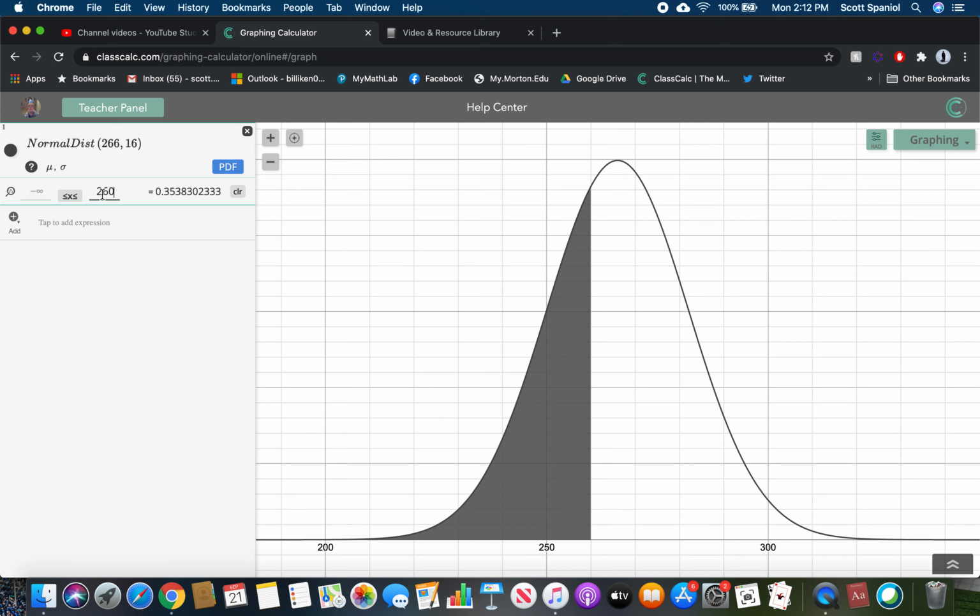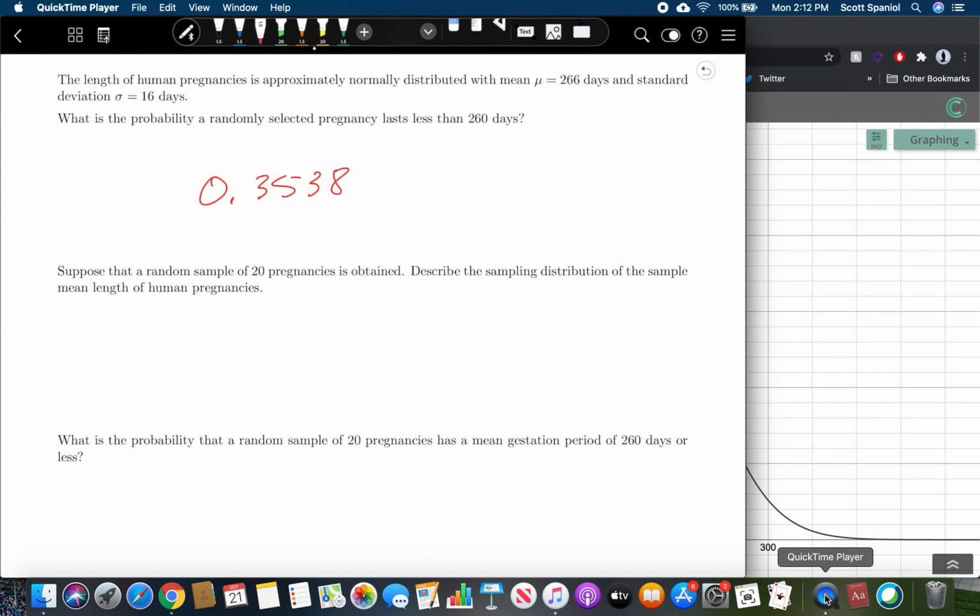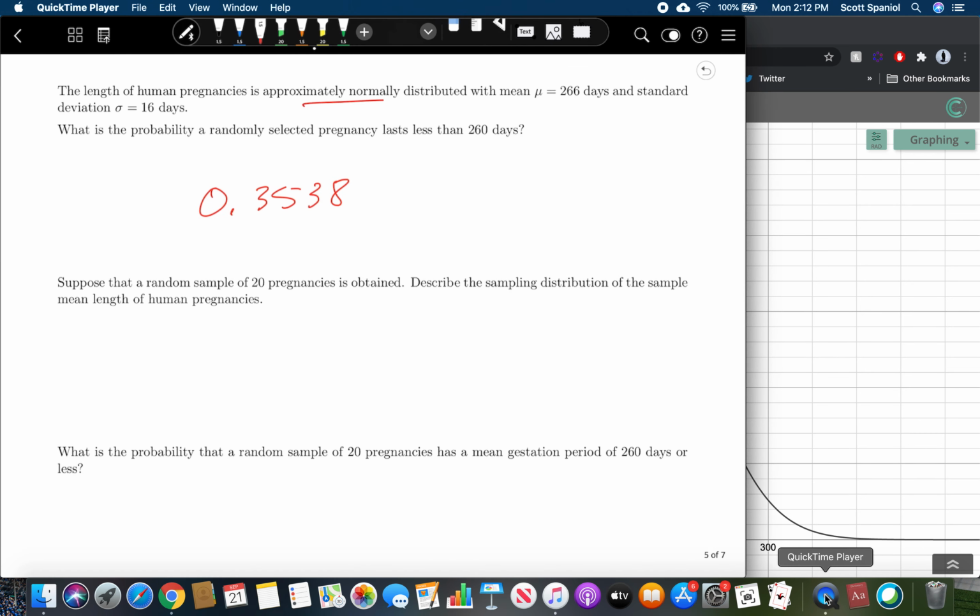Now suppose that a random sample of 20 pregnancies is obtained. Describe the sampling distribution of the sample mean length of a human pregnancy. Okay, so because the original data was approximately normal, the distribution would be approximately normal, because the sample is not big enough to assume that on its own, but because the original data is approximately normal, we can assume the sampling distribution is, with a mean equal to the population mean of 266 and a standard deviation equal to 16 divided by the square root of the sample size.